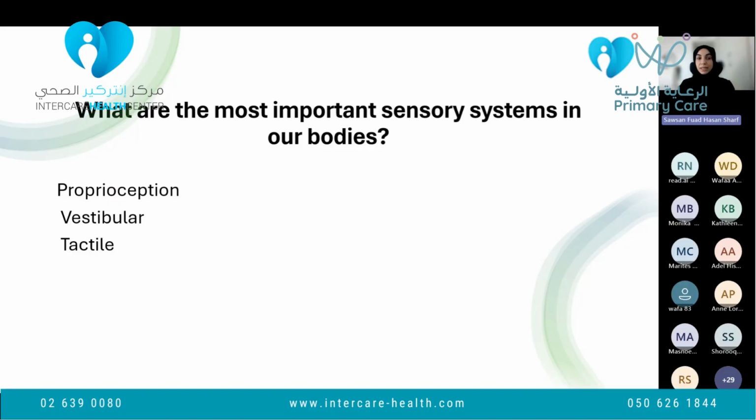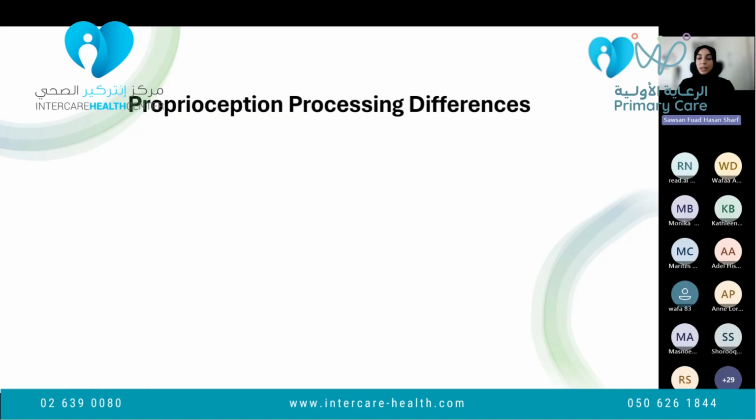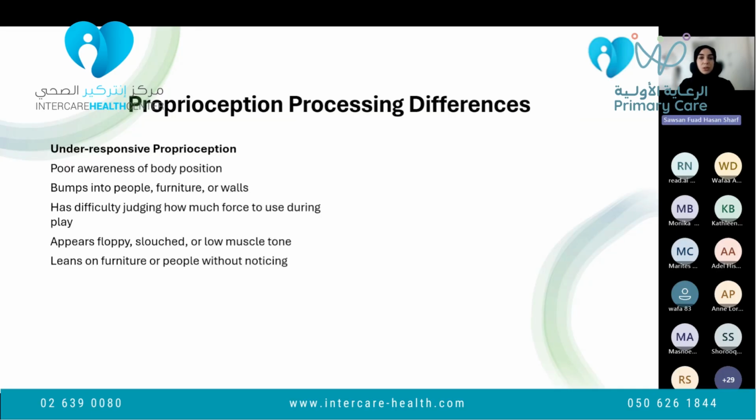And finally, the tactile is very important because everything we're doing in life, we're using our hands. Dressing, feeding, playing, literally everything we are doing with our hands. So if there's any difficulty in the tactile, which is the touch sensation, it will be very hard to accept. So let's start with the proprioception processing differences.